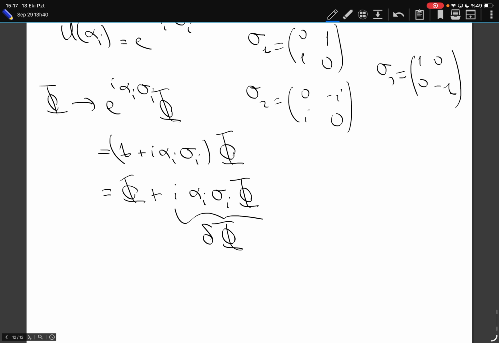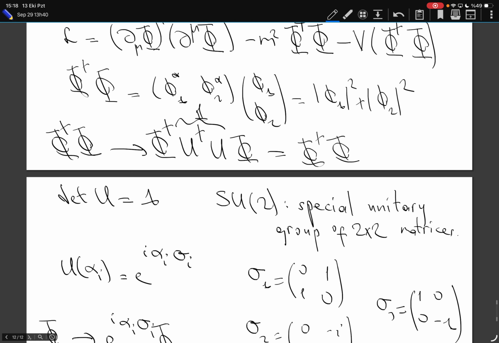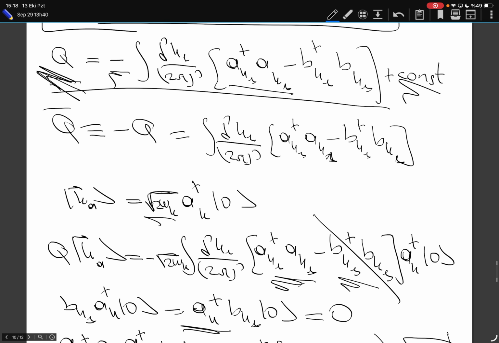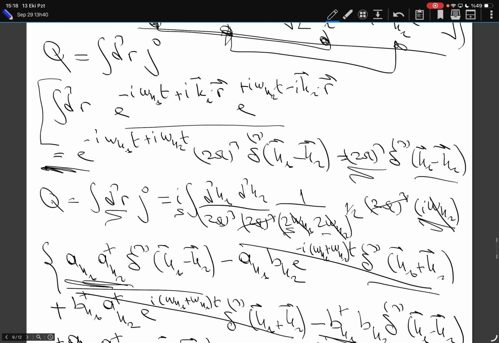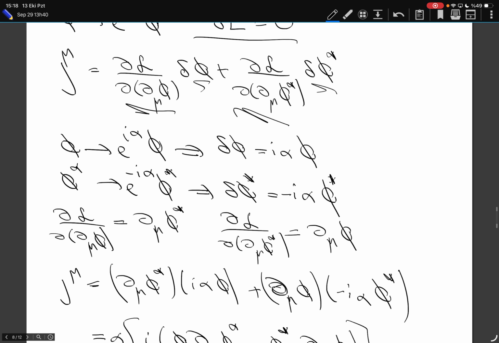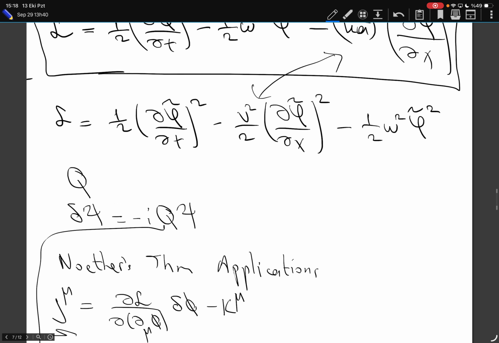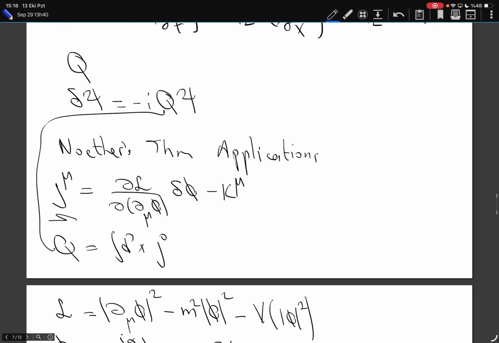And this is a symmetry, so I can write the corresponding conserved charge. I see the current we defined using Noether's theorem, this one.